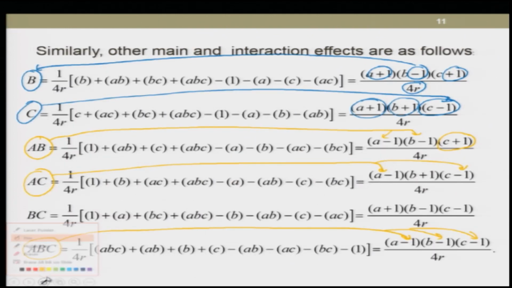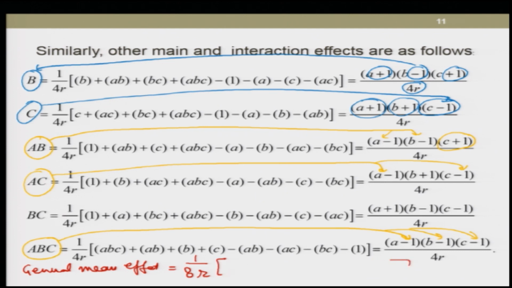And although I am not writing here, if you want to have the general mean effect, which is straightforward, it is going to be based on 8 observations. So, I will have the divisor 1 upon 8, and suppose every observation is repeated r times, this will become 8r, and then I have to give all the treatment combinations with plus sign: 1 plus A plus B plus C plus AB plus BC plus AC plus ABC.